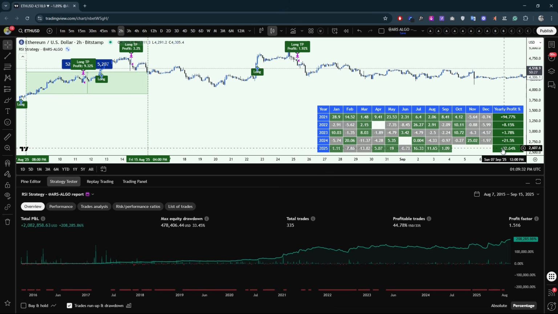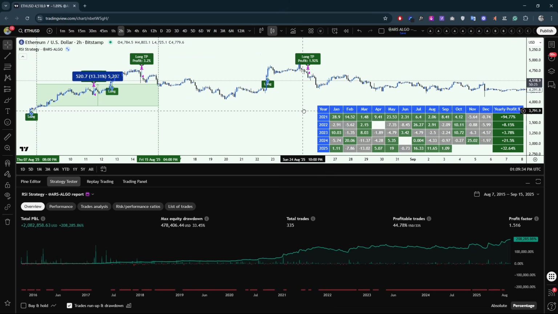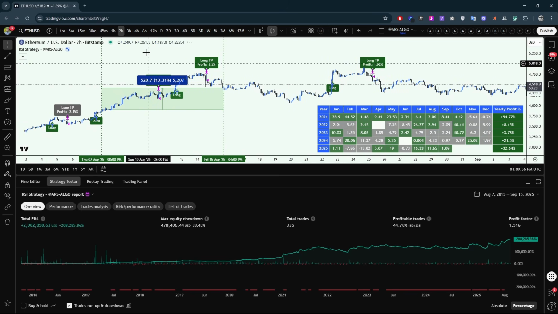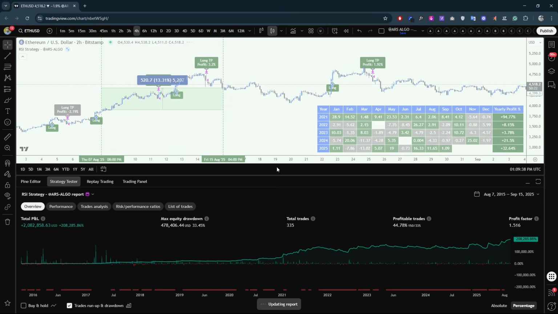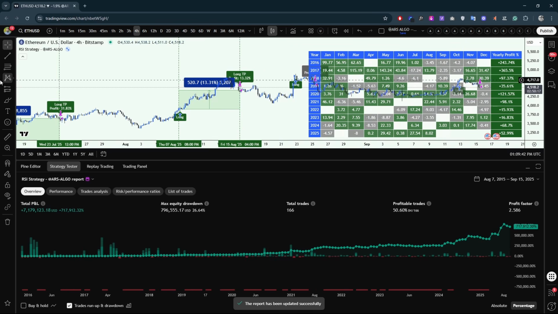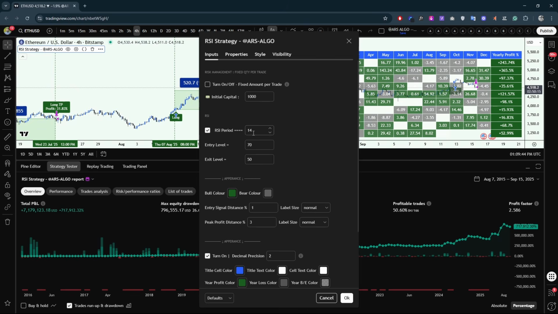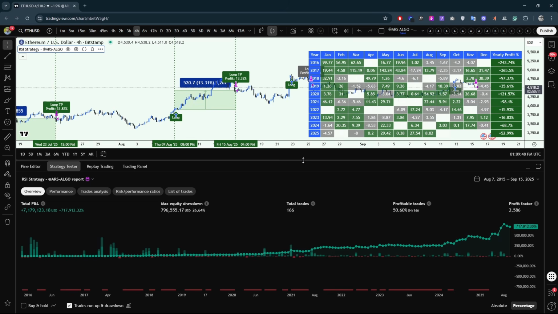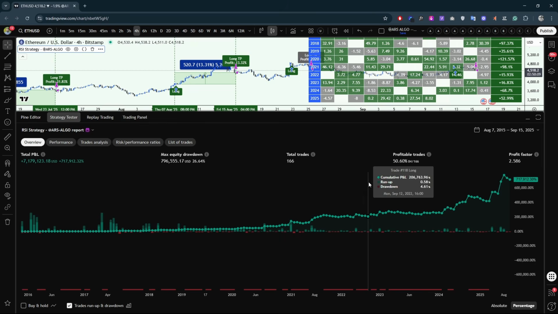So here you can see the yearly profit is also not good on the lower time frame. So in my opinion, I have tested it and it works best on the 4-hour time frame for Ethereum. Okay, so that's the default setting, and it works best on the 4-hour time frame.